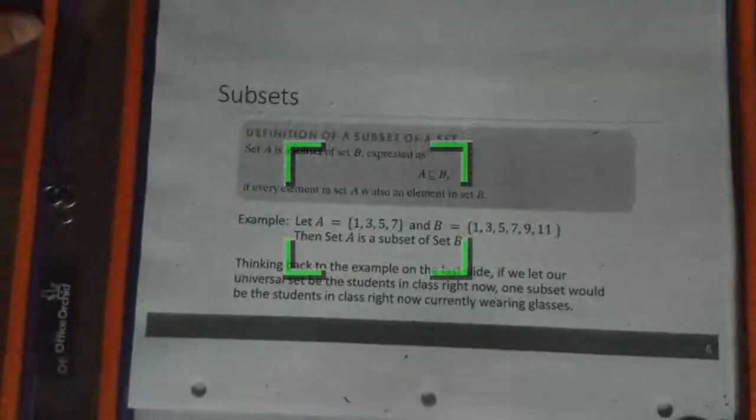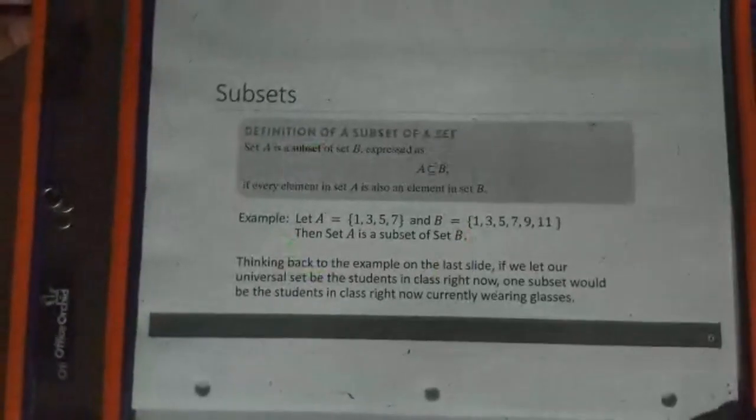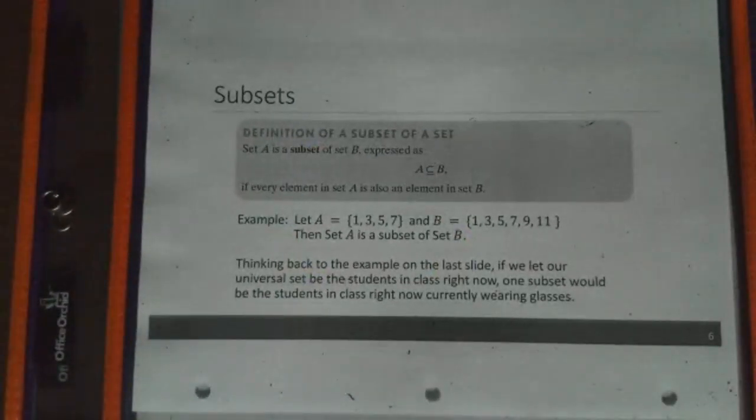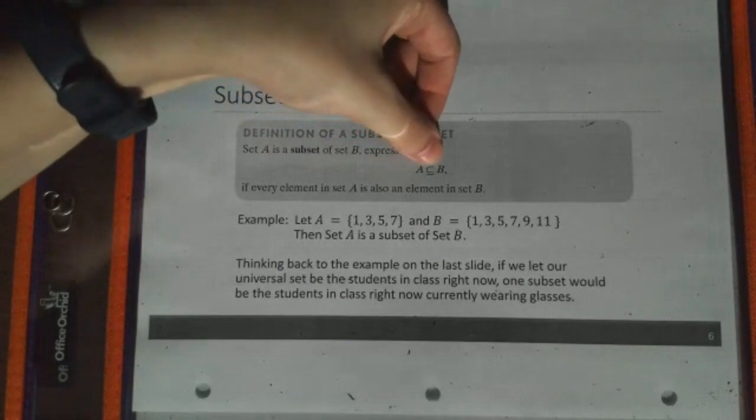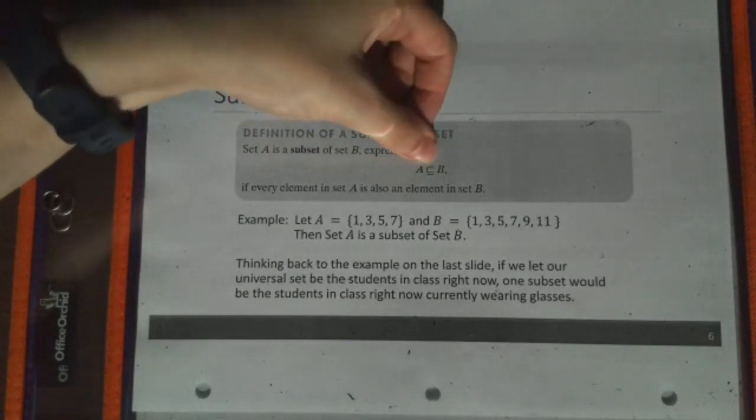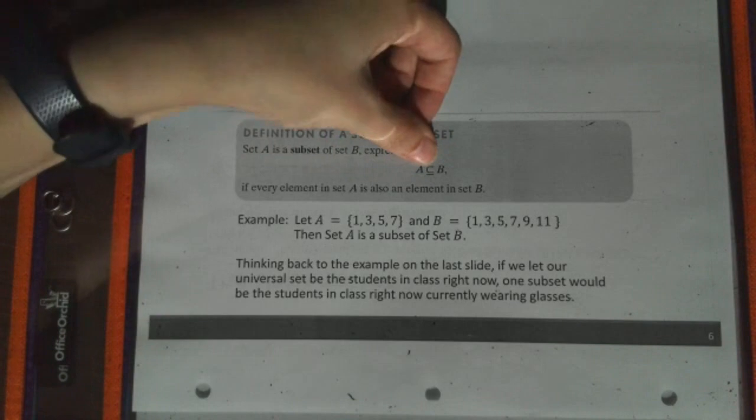Now from our universal set, we can take subsets or groups within that group. So mathematically, our definition of a subset is set A is a subset of set B, expressed as A is a subset of B. So this kind of looks like a less than or equal to sign, but instead of the less than, it's kind of C-shaped.